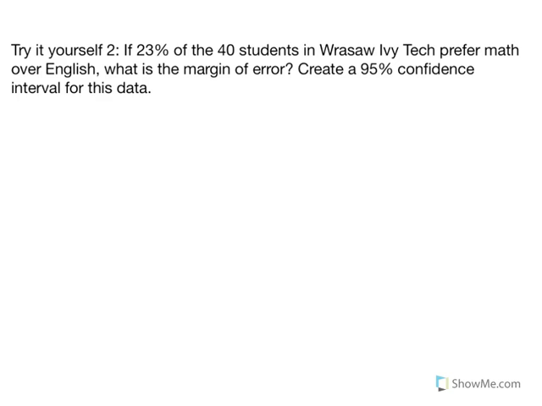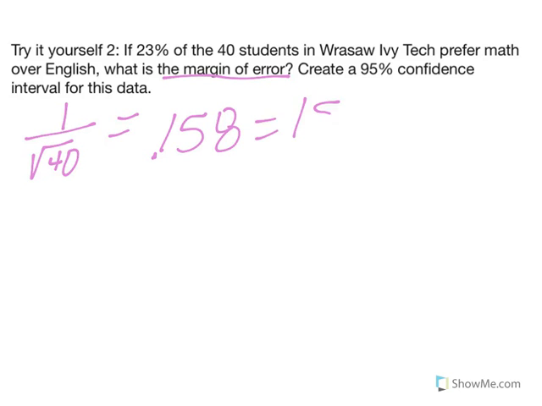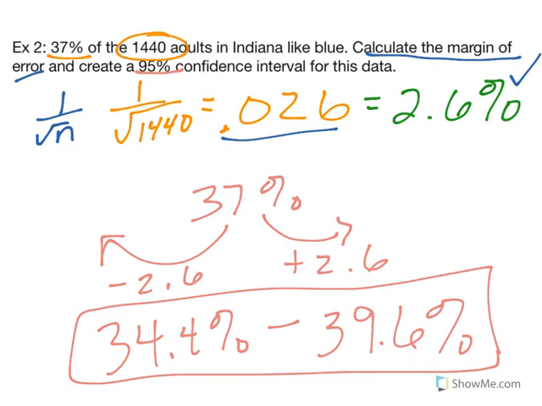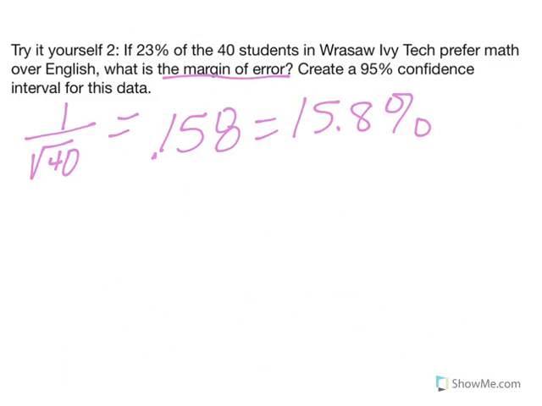Okay, so the first part is the margin of error. So we'll take 1 over the square root of 40, and we get a 0.158 margin of error, which we know to be 15.8%. Very large compared to the last one. Notice how large sample, small margin of error. Small sample, large margin of error.